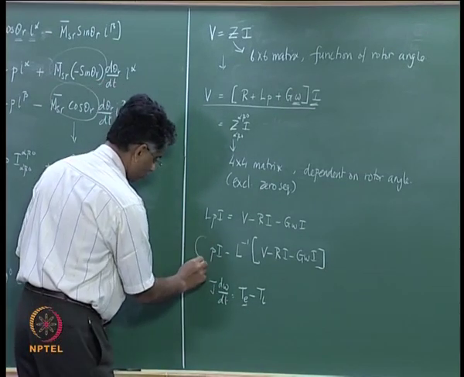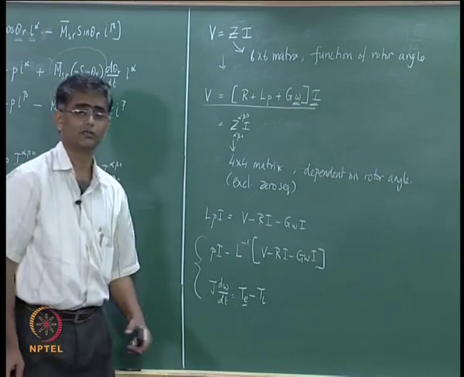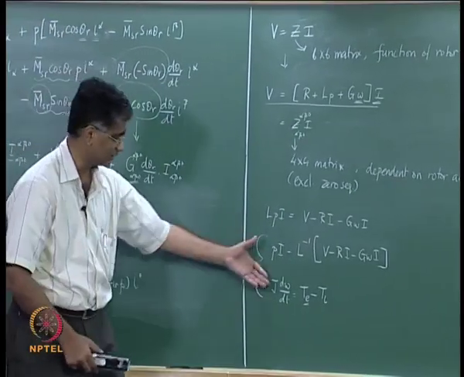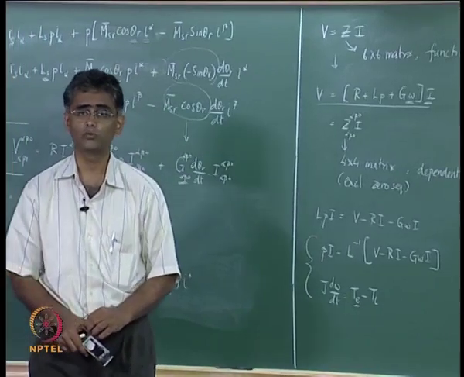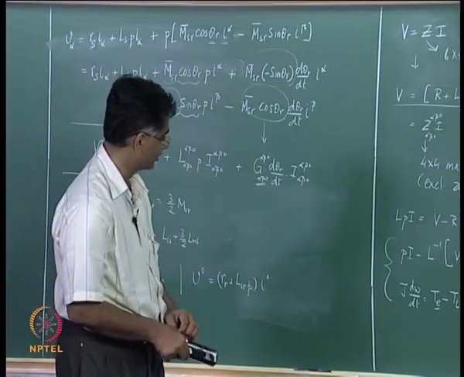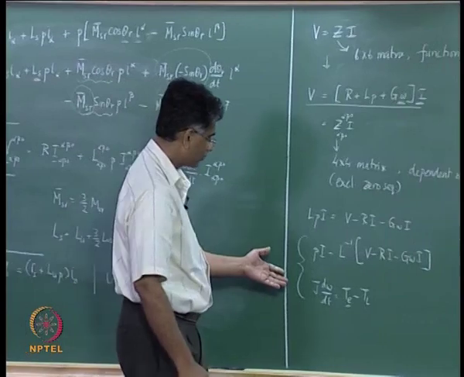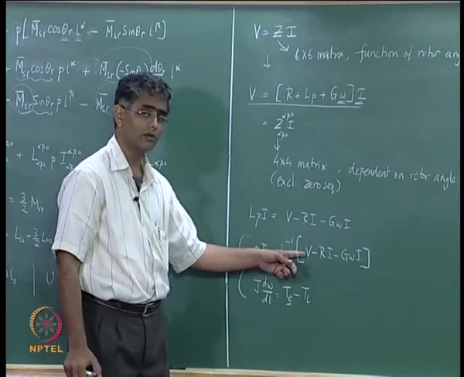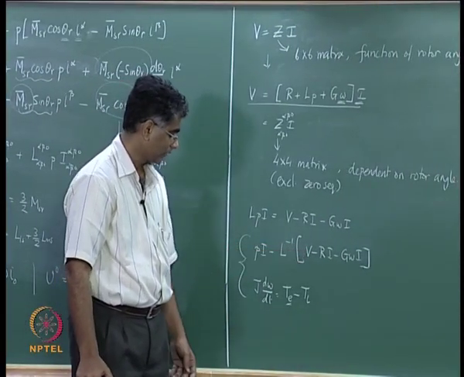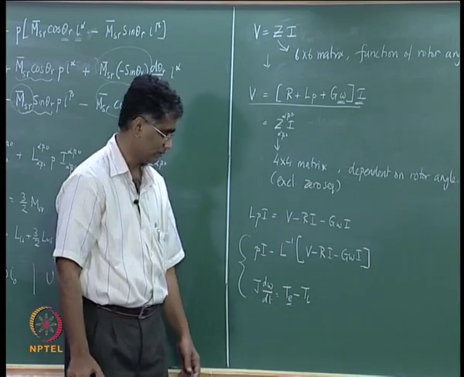So, these two sets of equations, or this entire set of equations, is what has to be solved in a digital computer in order to obtain the dynamics for a given input vector V and a load torque TL.